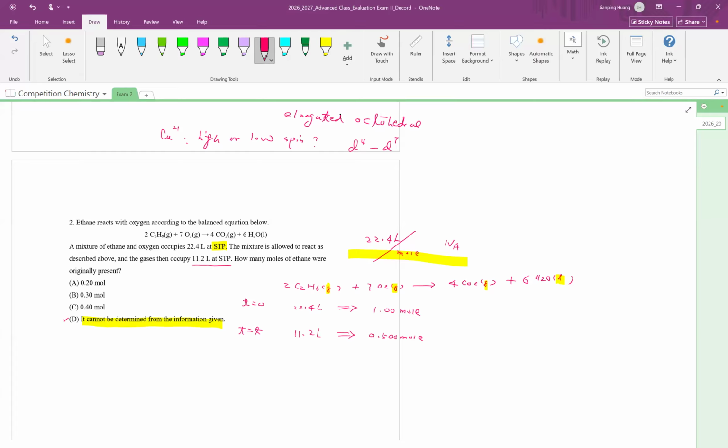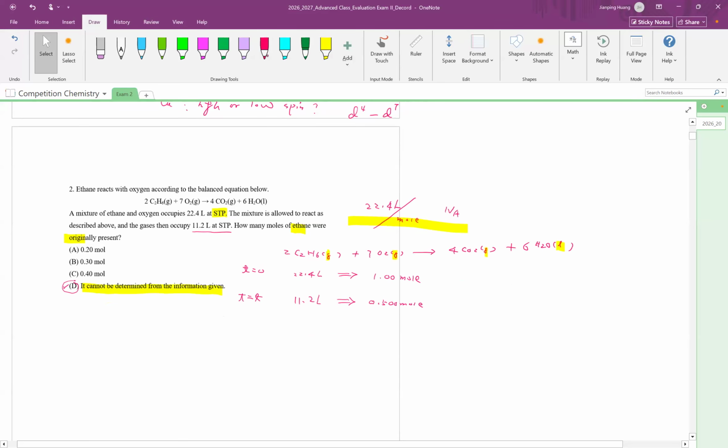Okay. Right. Now the question said, how much of this one was initially present? And its answer should be this. Why? In this case, the question is basically related to stoichiometry and the limiting agent.